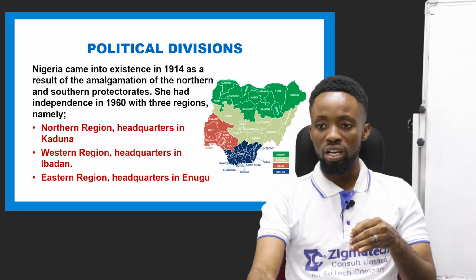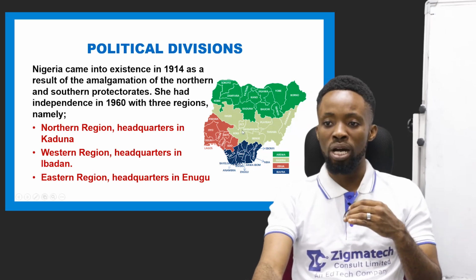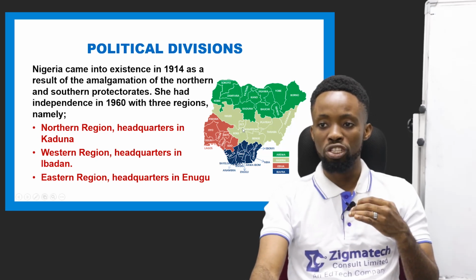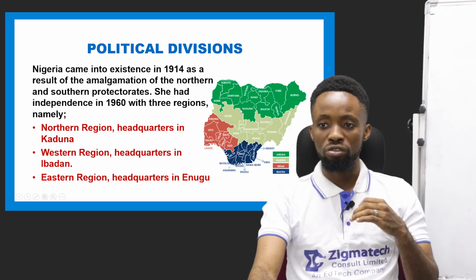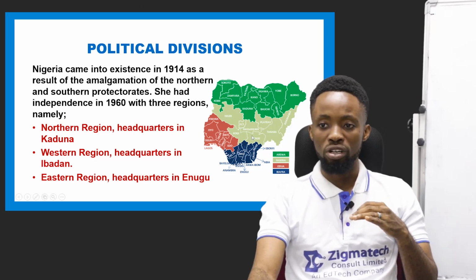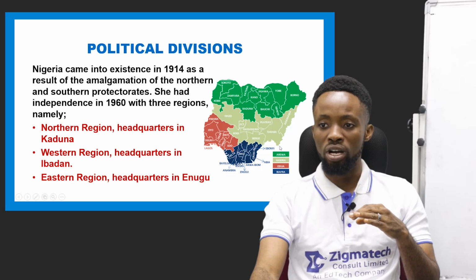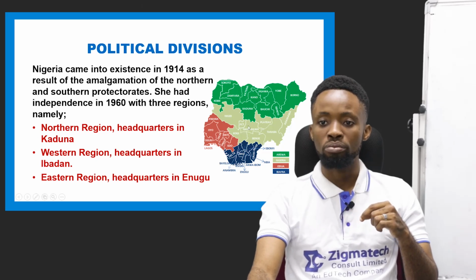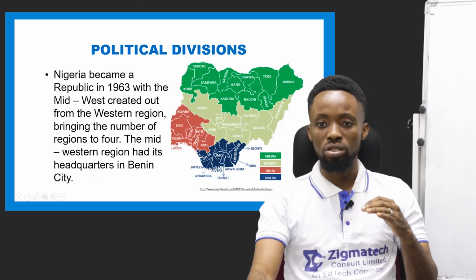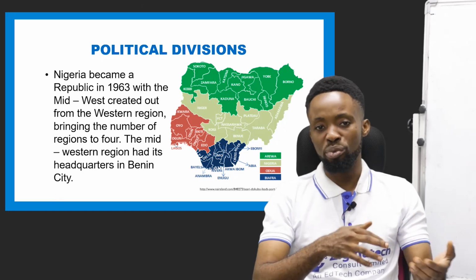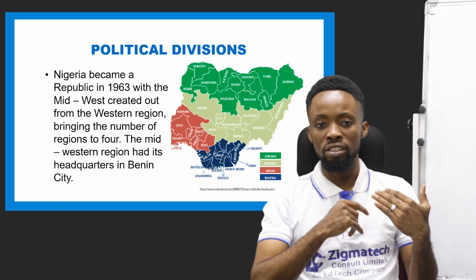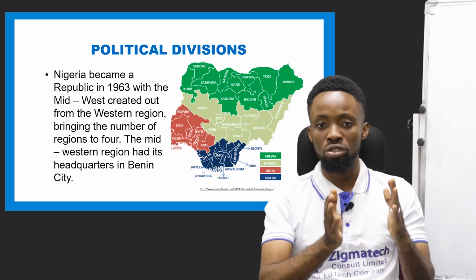So, as you can see, this is a map showing the regions of Nigeria in terms of Biafra, Arewa, and Oduwa. So quickly, let's also look at what happened after the first, second, and third regions were made.